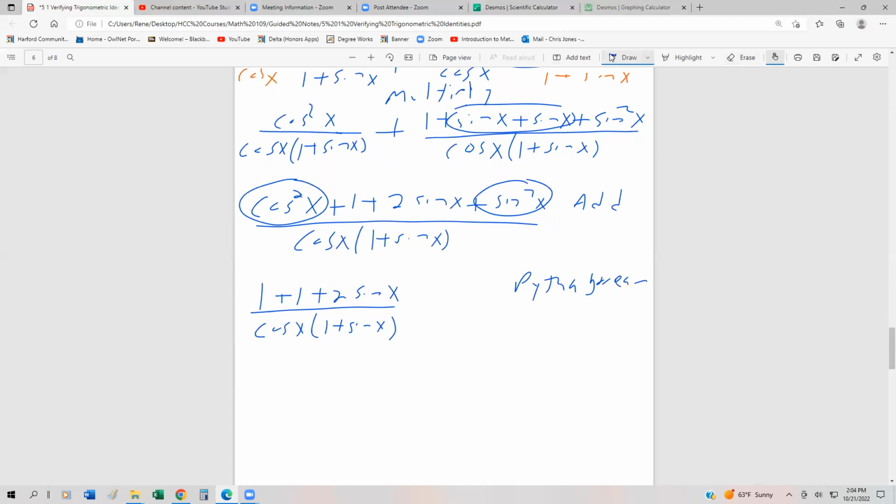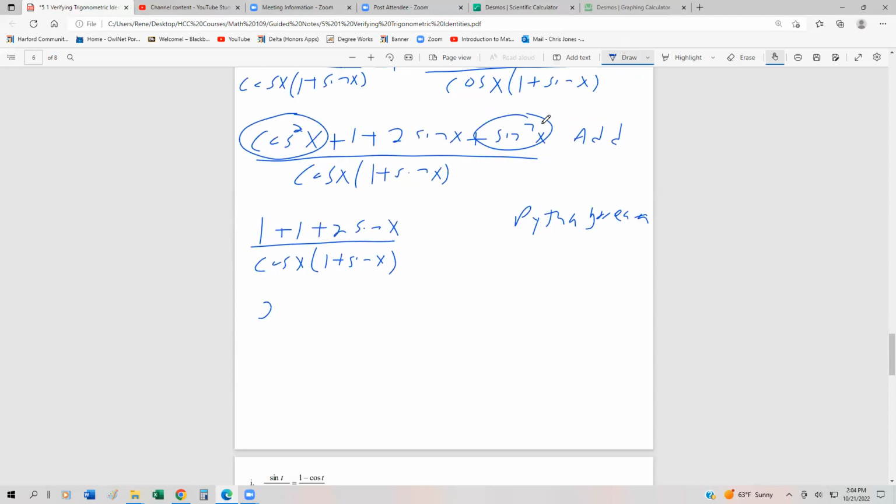Okay. And now we can go ahead and combine the ones. I think that's pretty easy to see. So 1 plus 1 is going to be 2 plus 2 sine of x divided by cos x 1 plus sine x. Okay, so that's just by addition. We can factor out the common 2 that's in the numerator.